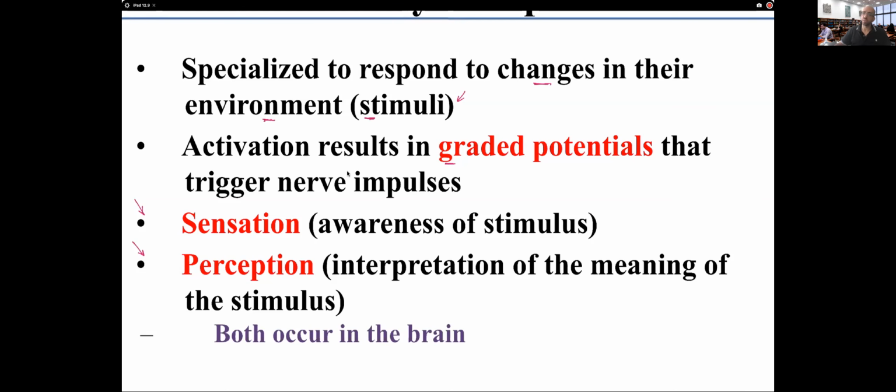And both of them are going to be taking place in the brain. If you remember, in the cerebral cortex, we've got the sensory areas, and those are the brain areas responsible for sensations. But around each of those sensory areas, we've got the association areas, which are responsible for the perception of those sensations.